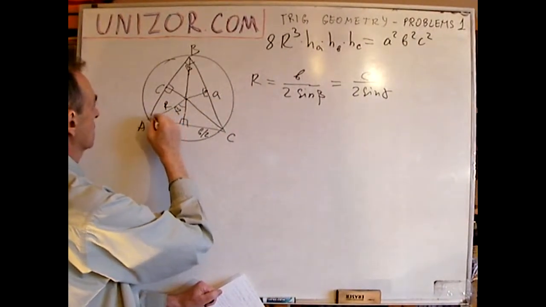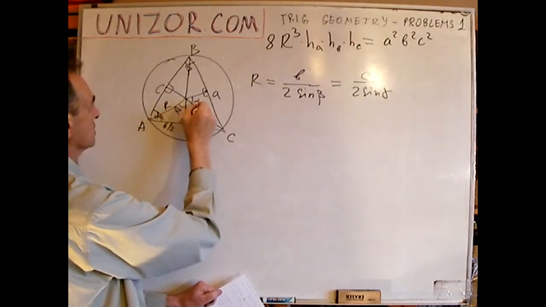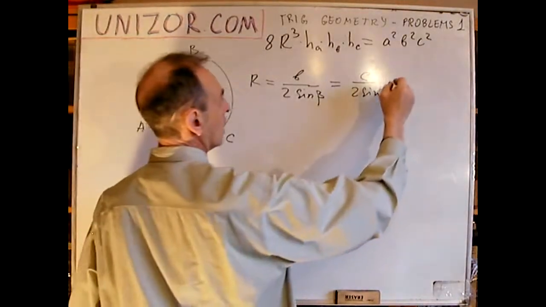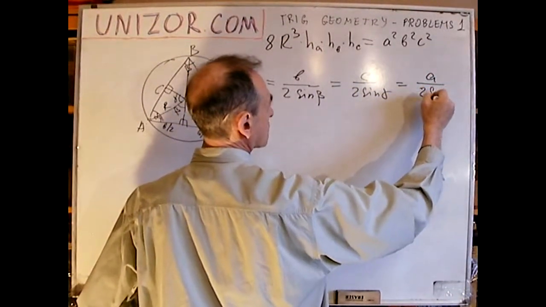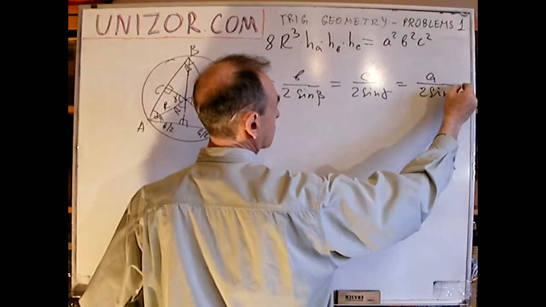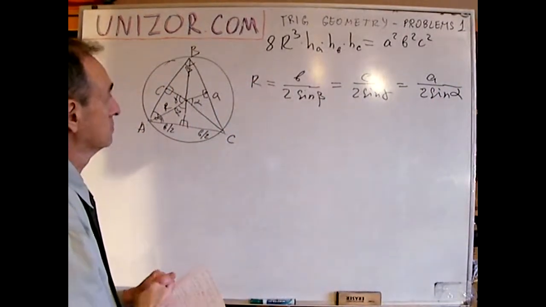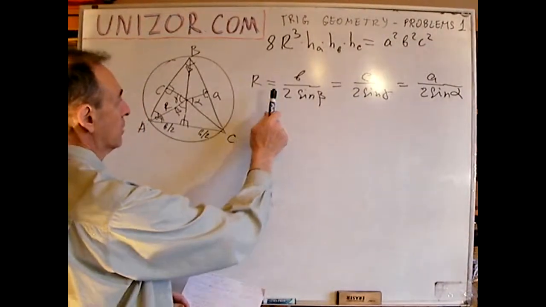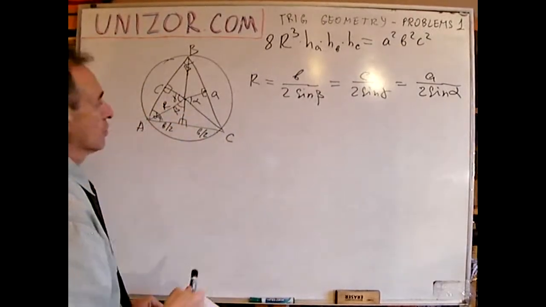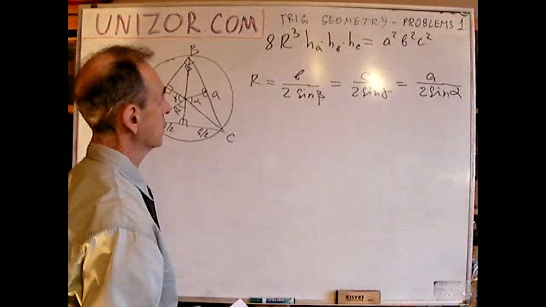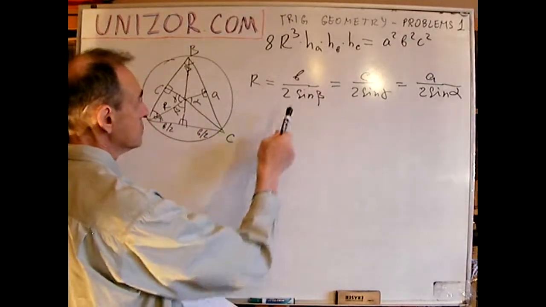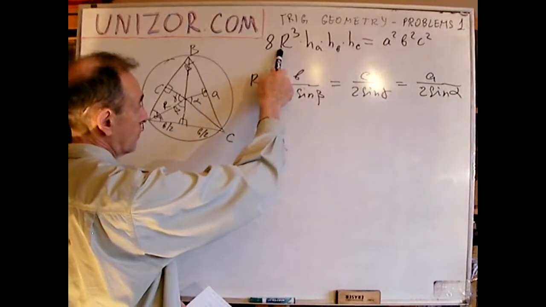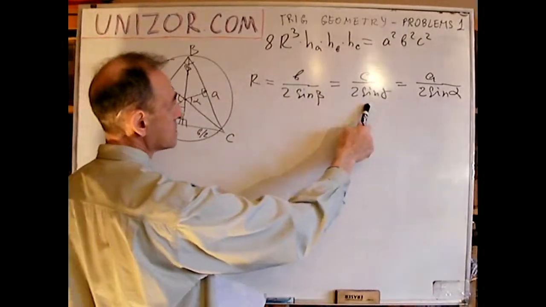So this is alpha, now this is alpha, and this is gamma, equals to A over 2 sine alpha, right? So this is simple. This is again from this drawing, it's kind of obvious, and we were using this many times before. Now, using this, instead of R cubed, the first R from the R cubed I will replace with this, the second with this, and the third with this.